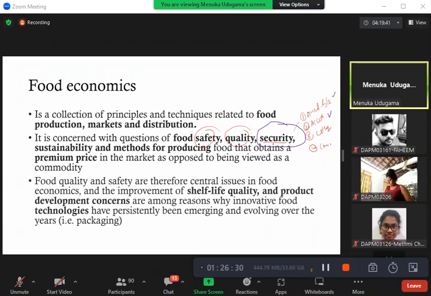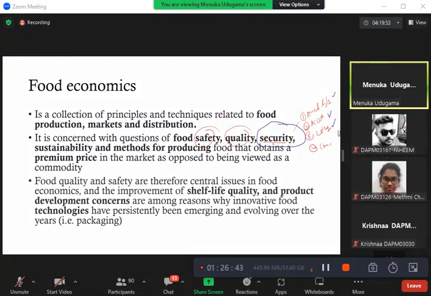Third dimension is utilization. Utilization is you should be able to utilize it properly, in the sense you should know how to store the products properly, and consume, how to cook so that you preserve the nutritional quality of the food, right?